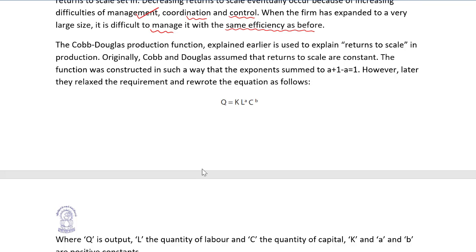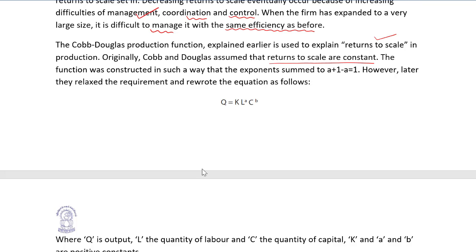The Cobb-Douglas production function explained earlier is used to explain the returns to scale in production. Originally, Cobb and Douglas assumed that returns to scale are constant. The function was constructed in such a way that the components summed to a plus b equal to 1.